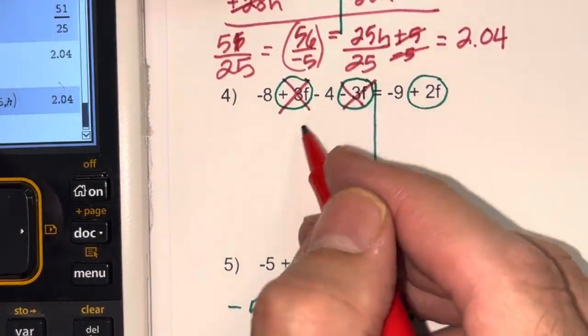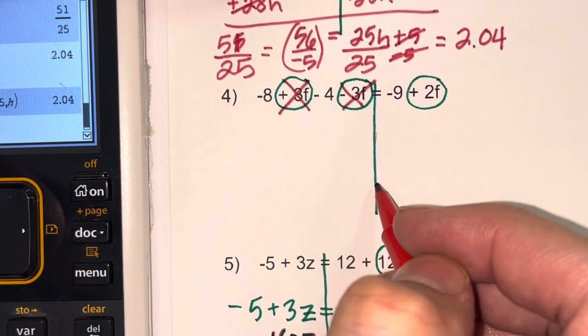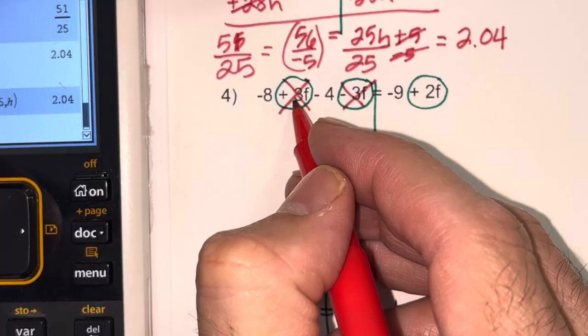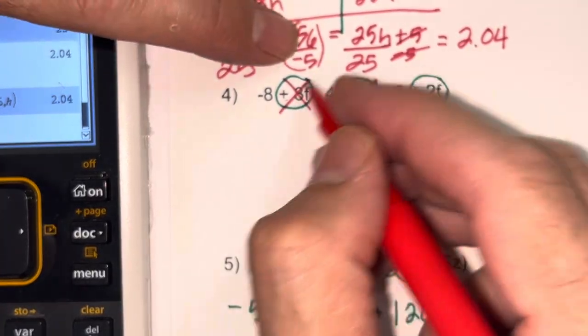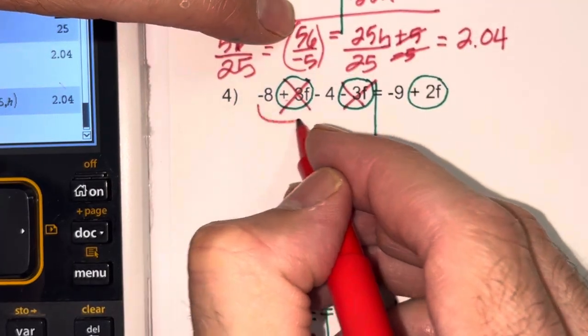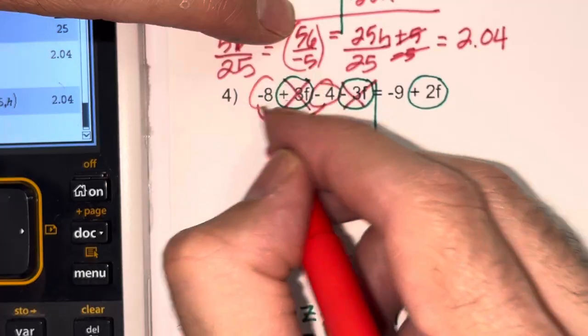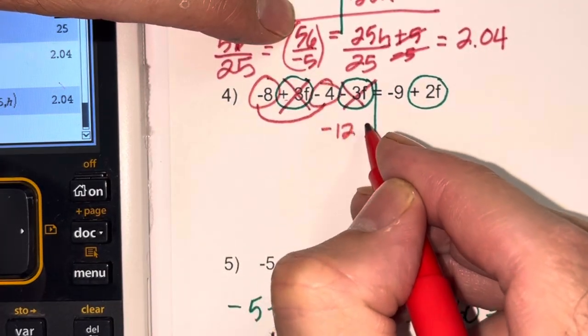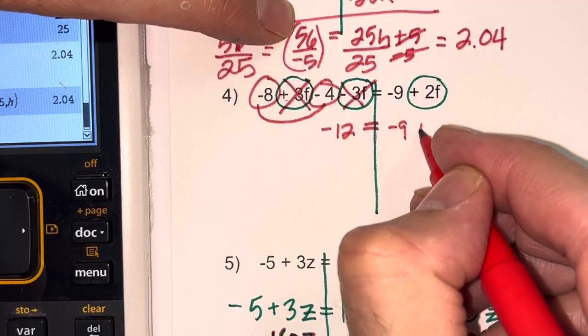Last example here, we have 3 positives. We circle our variable terms, separate the left side and right side. We have positive 3f and negative 3f. Well, if we combine like terms, they're both on the same side, so we can just cancel. And then -8 and -4 can be combined like terms, non-variable terms, as -12. -9 plus 2f.